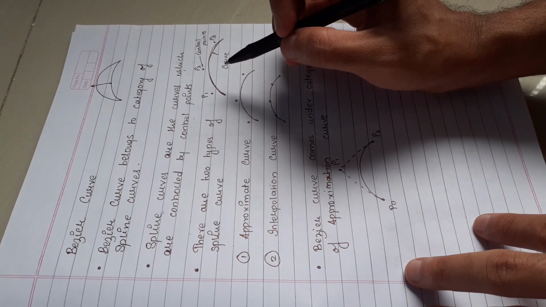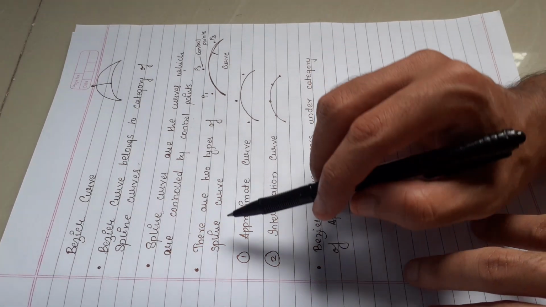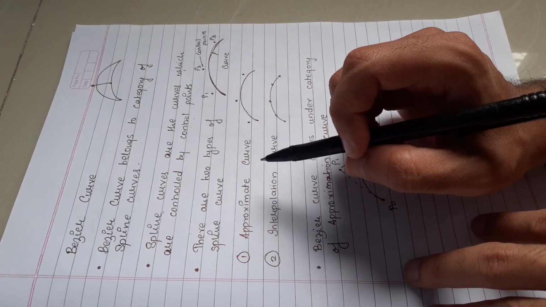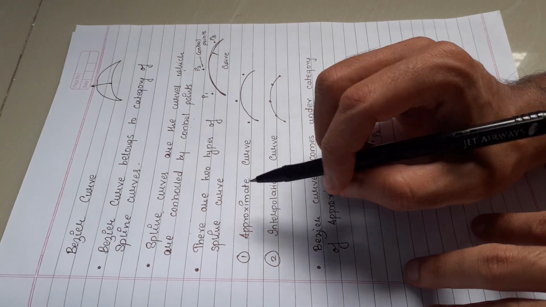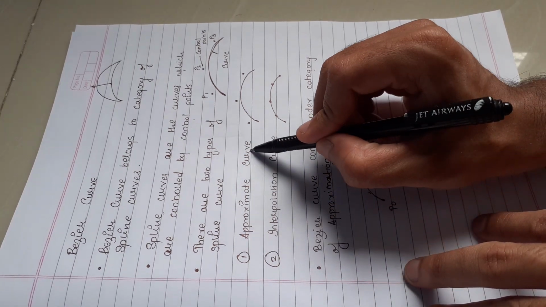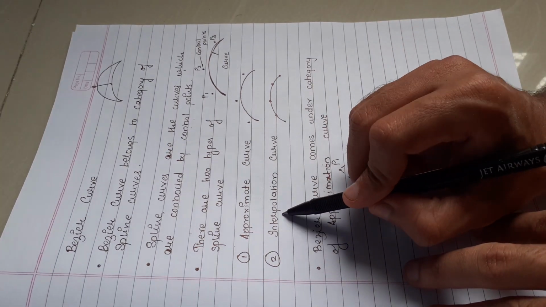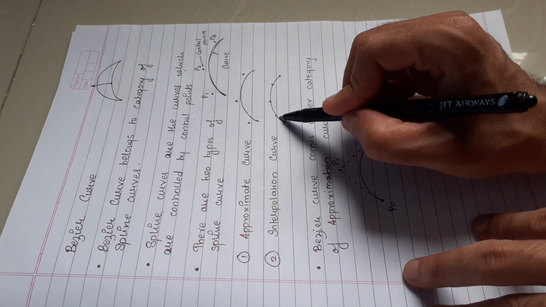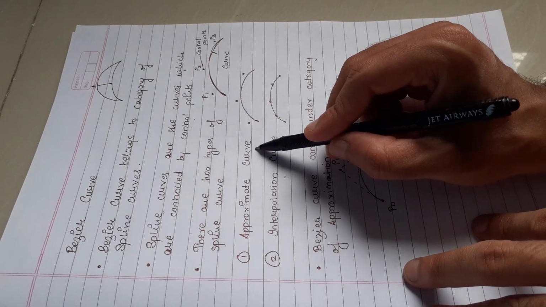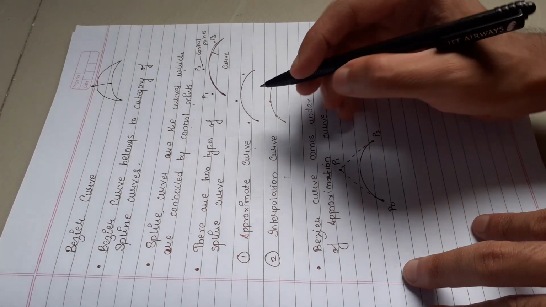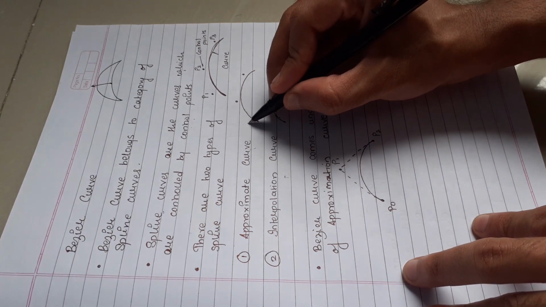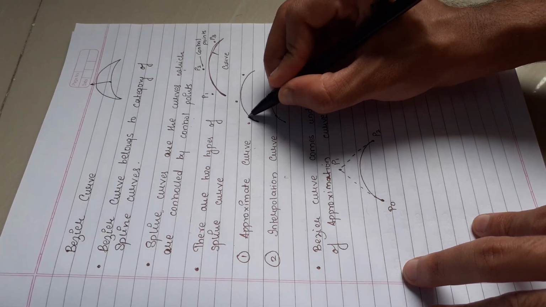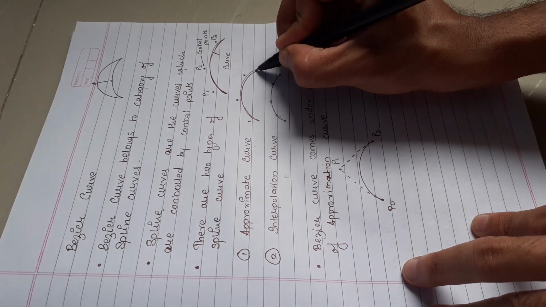Now, as it is written, there are two types of spline curve. The first is approximate curve, and the second is interpolation curve. We can also see the diagrams. What is an approximate curve? Approximate curve means the control points will be at a particular distance from that curve.